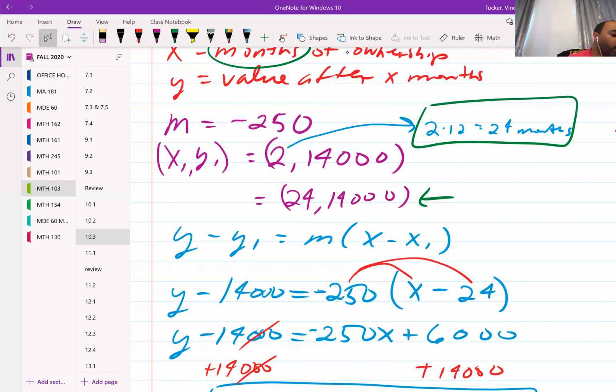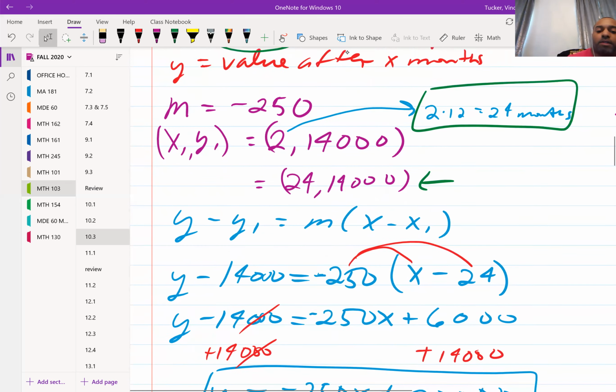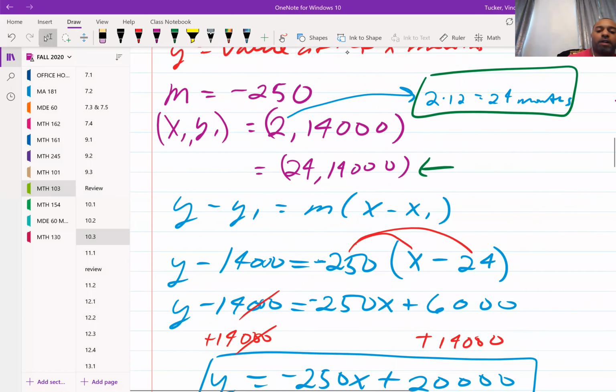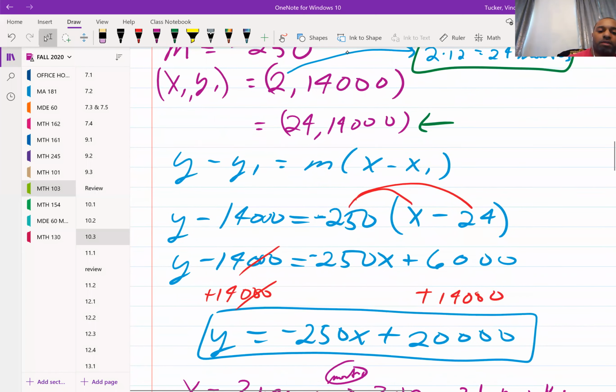And then if we add 14,000 to both sides, that'll give us our final equation. All right, everybody all right so far?